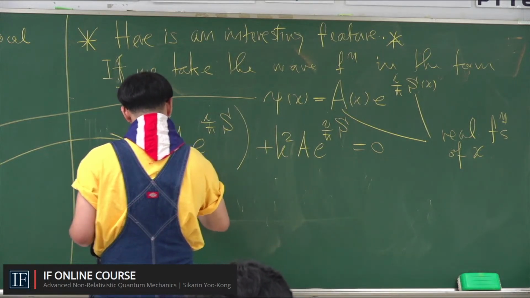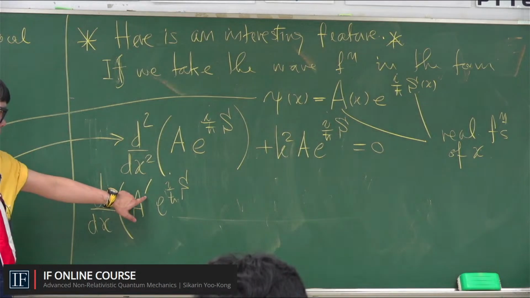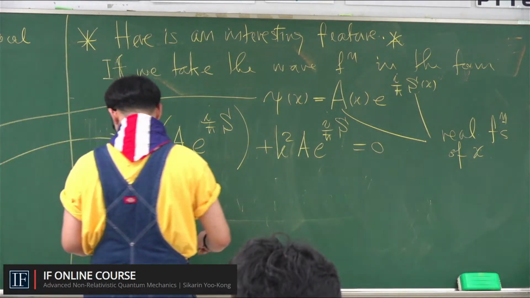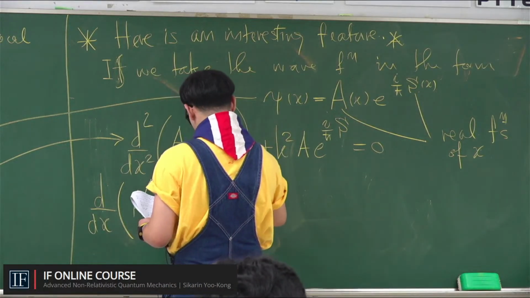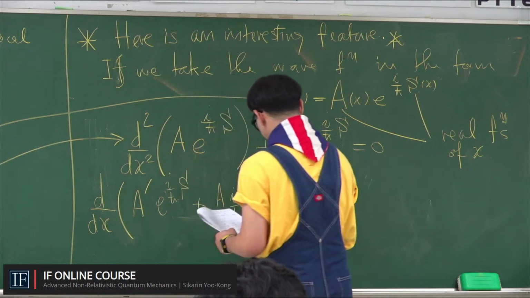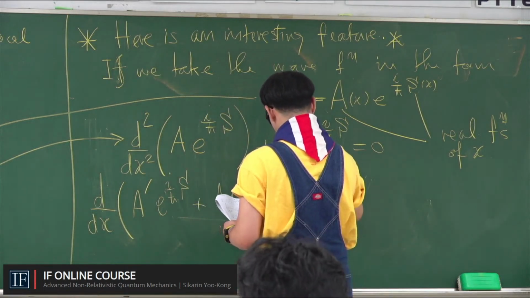What I mean by A prime is the derivative with respect to its argument, and you get S prime. Okay.